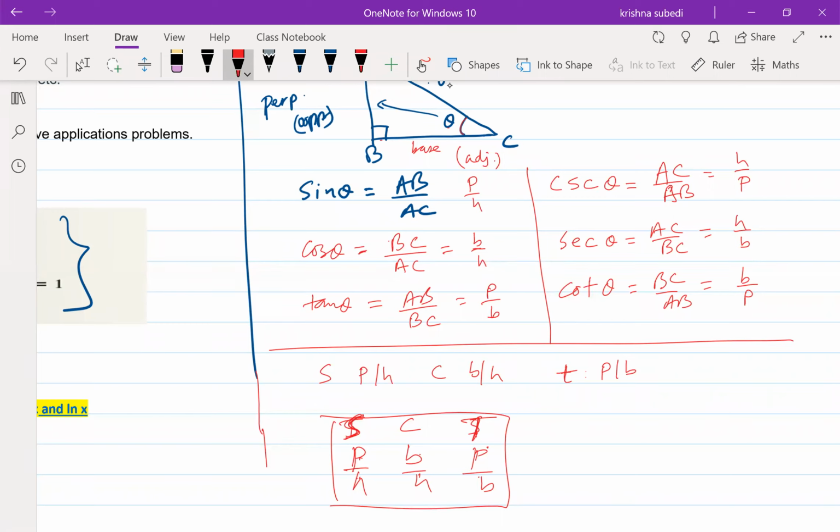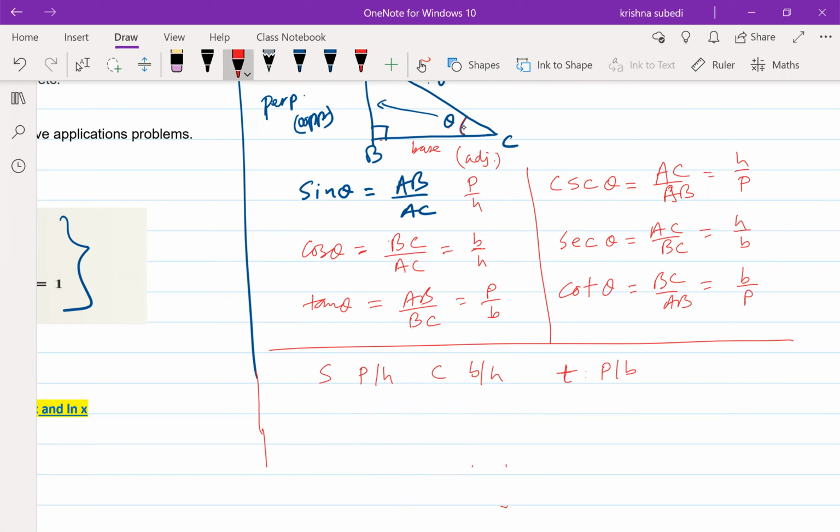Anybody has any idea how you remember this? Yes, Nabya, thank you so much. Yeah, some people have curly brown hair to produce beauty. Okay. Some people remember this in another funny way.